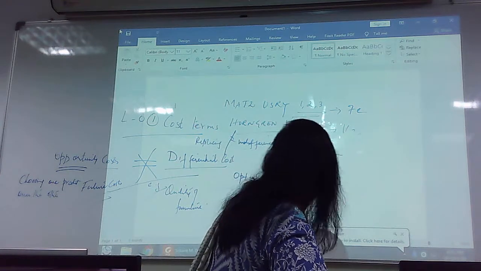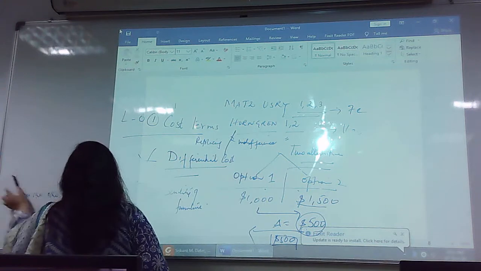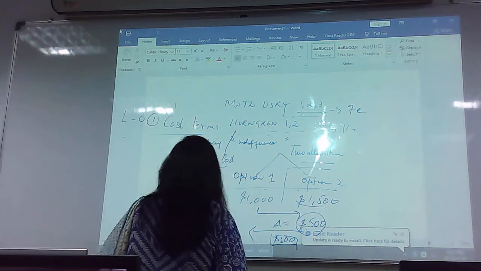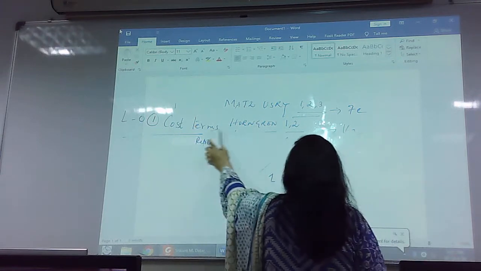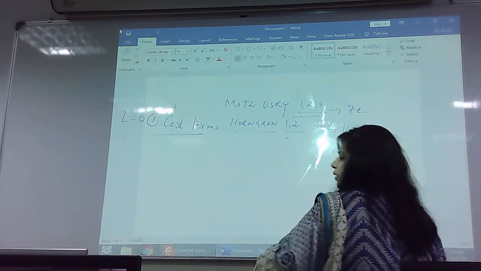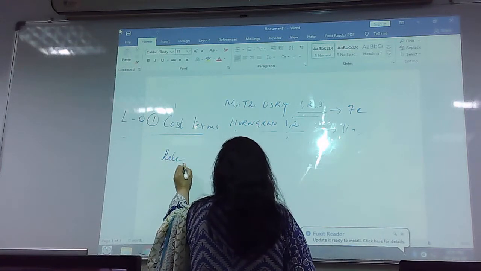Now we have done differential cost, opportunity cost, and the third one is the relevant costs. And there are some terms such as cost drivers.